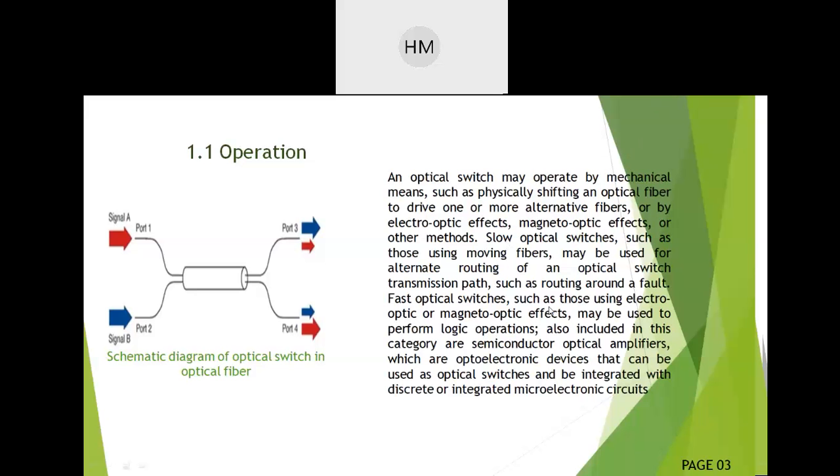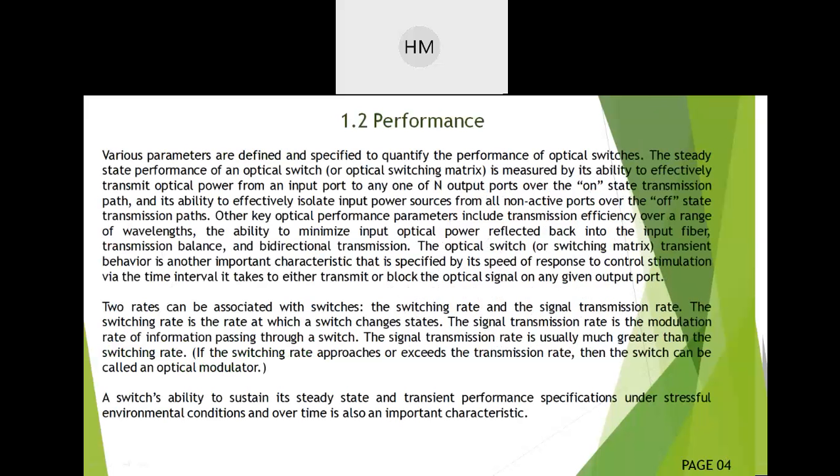Then next slide, the performance. See, the switch will be on or switch will be off. Okay, and it depends on how many input ports are there and how many output ports are there. So various parameters are defined. The steady state performance of an optical switch is measured by its ability to effectively transmit optical power from an input port to any one of n output ports.